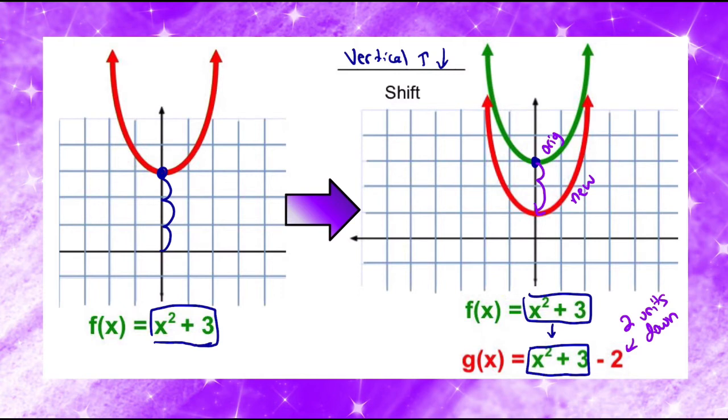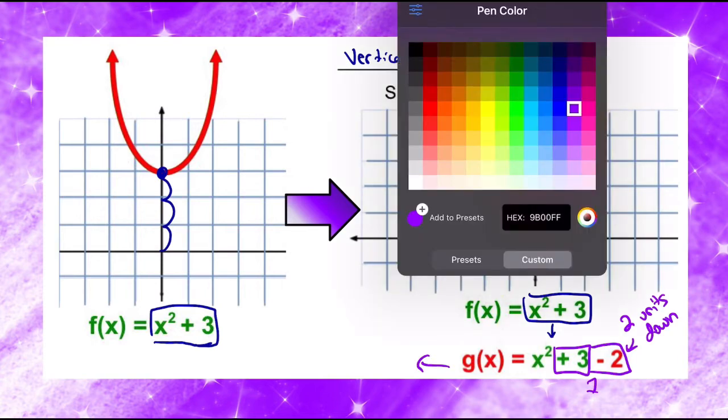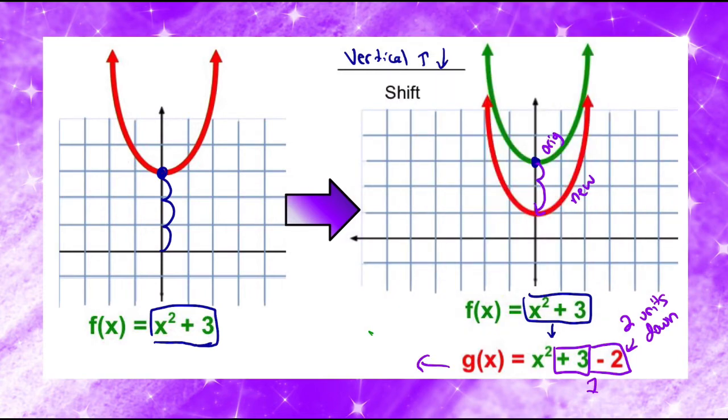Now another option you have is to actually simplify your equation by combining like terms. If I combine these two constants, +3 and -2, by adding them together, what would I get? So 3 minus 2 is just 1, so I can rewrite this as, I'm going to keep my original, which is x squared, and my new number here, which is +1.